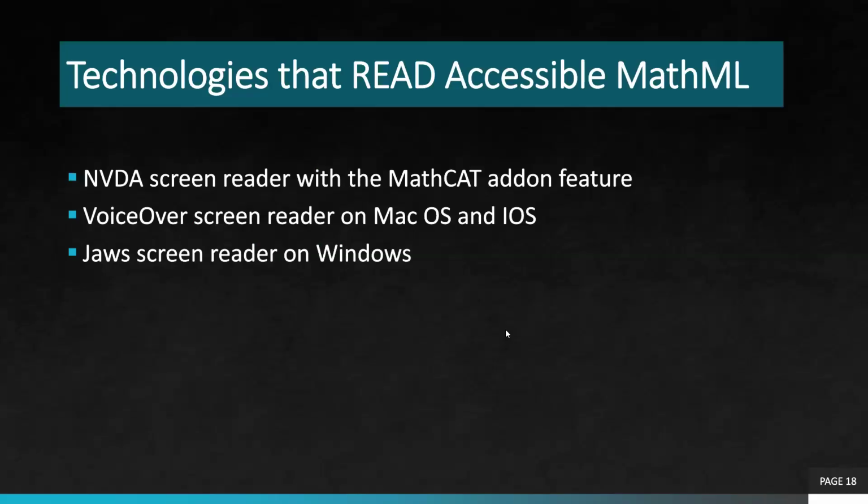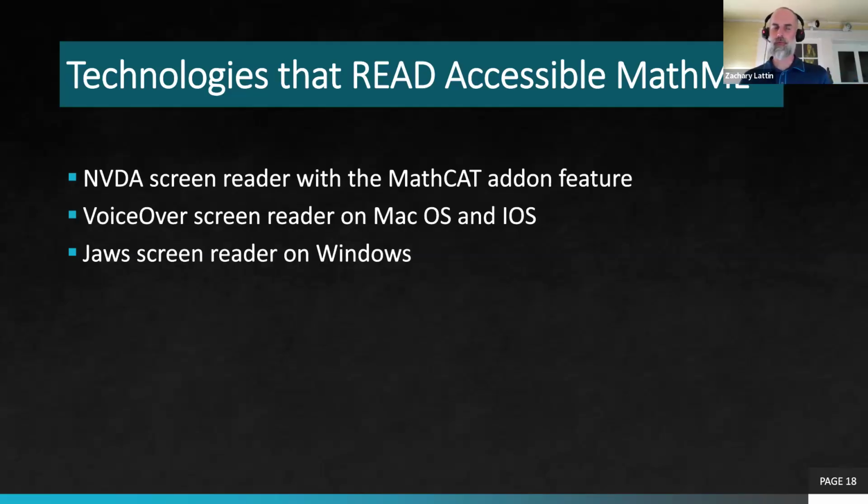Okay, so slide 18, technologies that read accessible MathML. So we're talking about people who are using various assistive technologies to read the accessible MathML to them. So there's the NVDA screen reader with the MathCat add-on feature, which I believe earlier you were using NVDA for your demo. Is that correct, Zach?